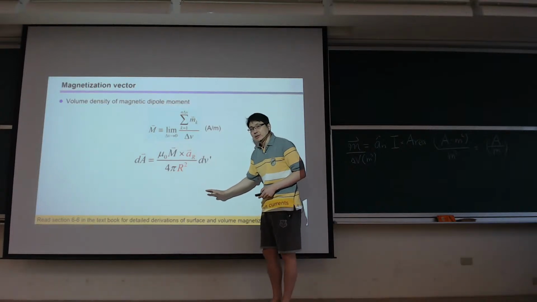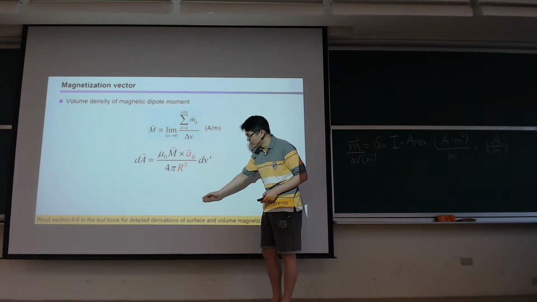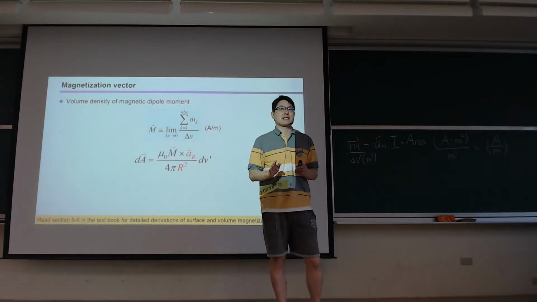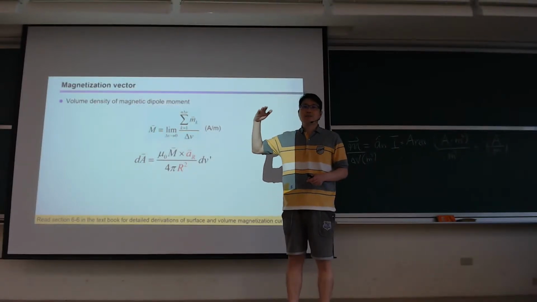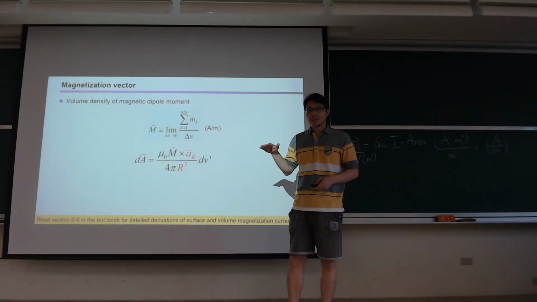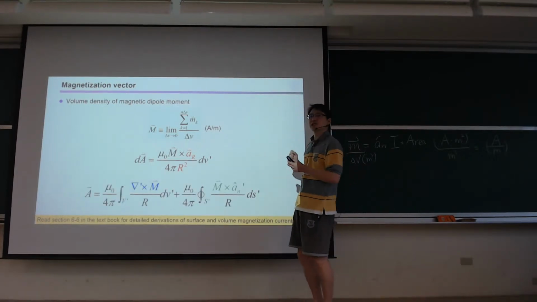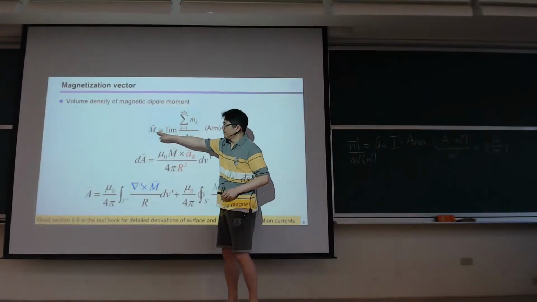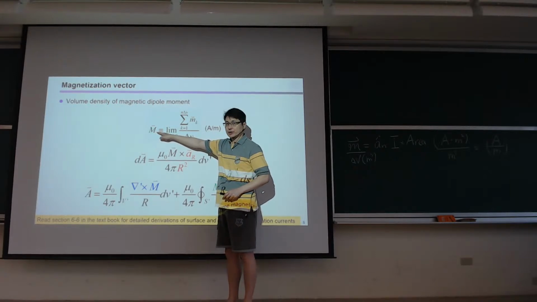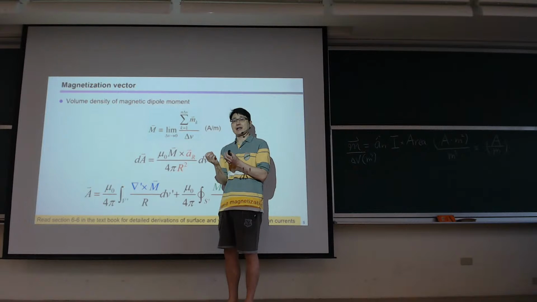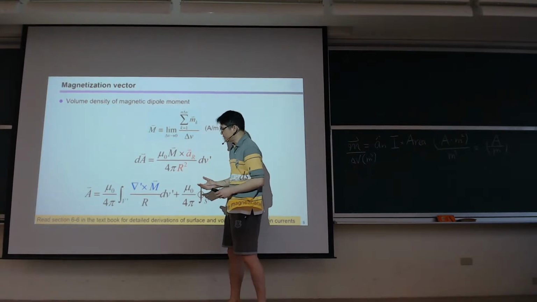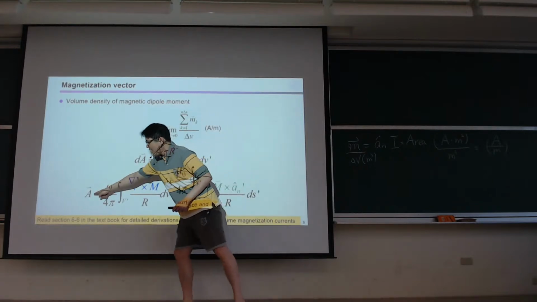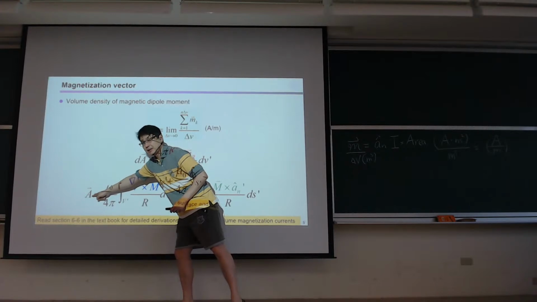I don't want to go into the mathematical details, so if you want to know the math, please read section 6-6 in the textbook. It provides step-by-step derivations, but what I want to do is extract the end result. Once you have a non-zero capitalized M factor, which means you are dealing with a magnetic material, in the end, once you have this magnetization vector, you will have the vector magnetic potential.